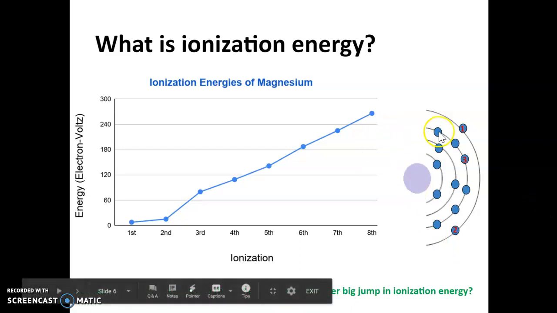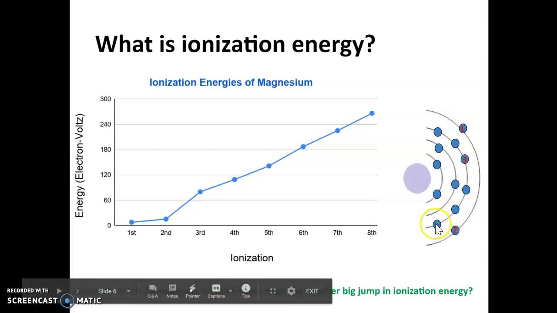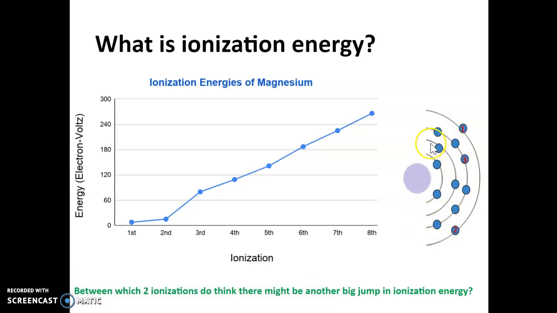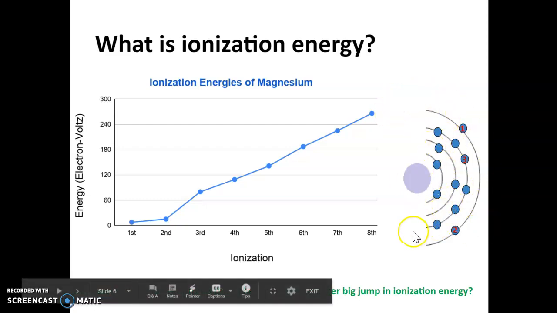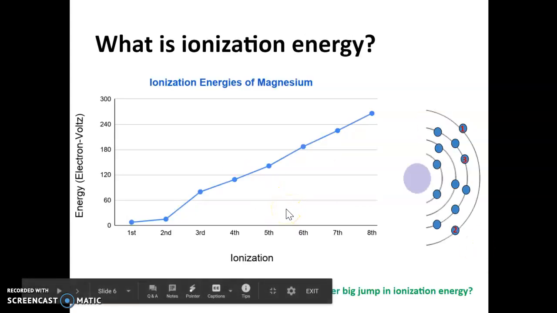We know that 3, 4, 5, 6, 7, 8 is all kind of an even increase. And so where do you think we might see another big jump? We would see a big jump when we drop down to the 2s orbital, right?